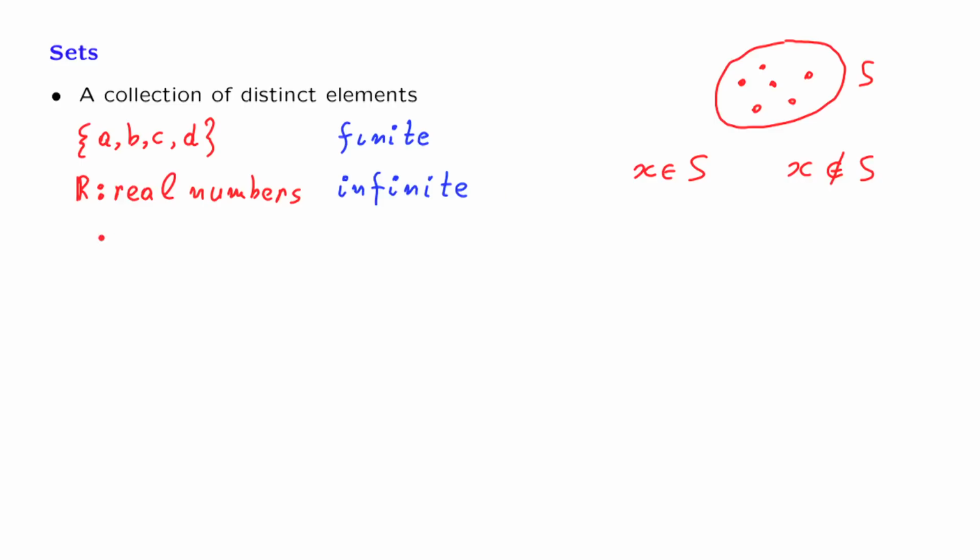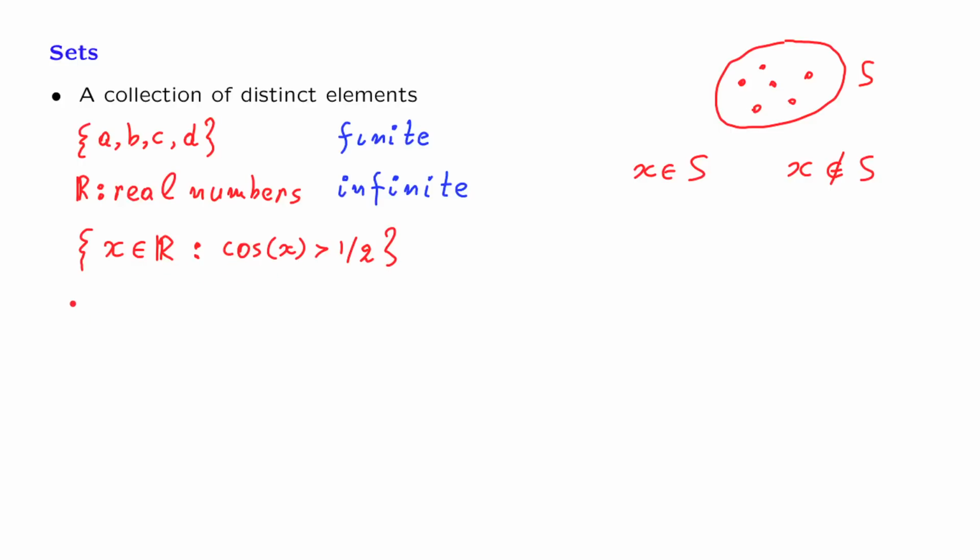Now, one way of specifying sets is as follows. We start with a bigger set, for example, the set of real numbers, and we consider all those x's that belong to that big set that have a certain property. For example, that the cosine of this number is, let's say, bigger than 1/2. This is a way of specifying a set. We start with a big set, but we then restrict to those elements of that set that satisfy a particular property.